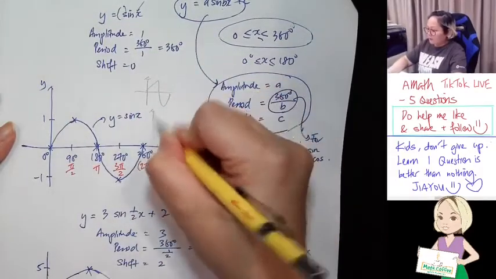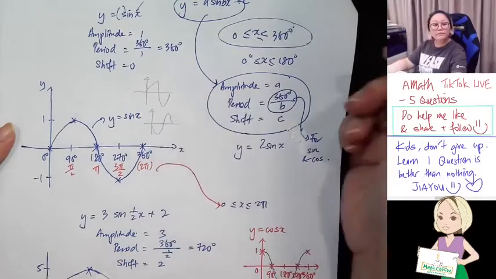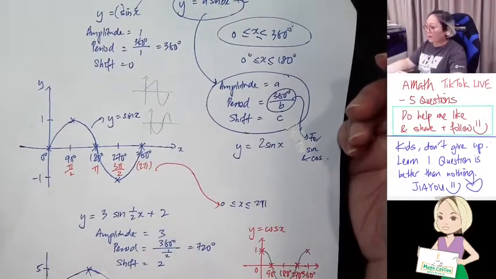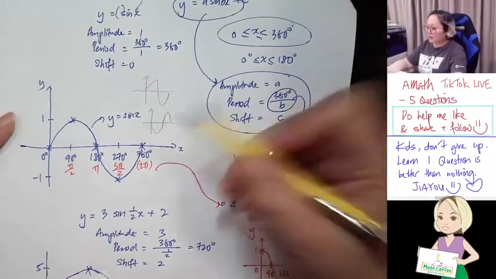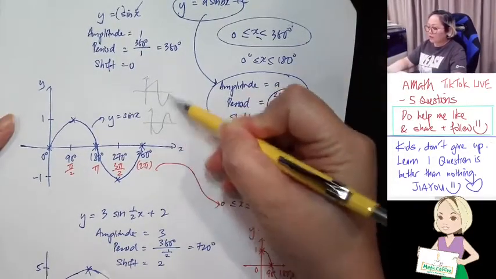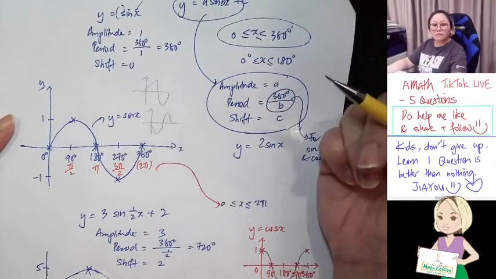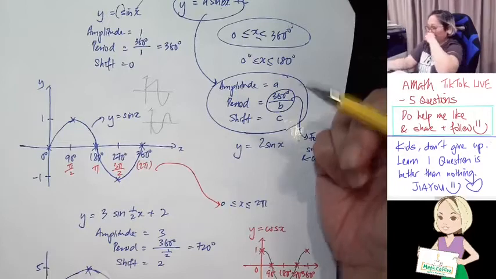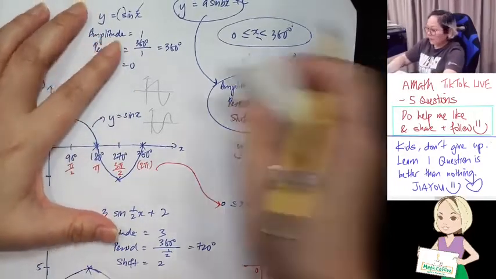It will be flipped, so it will be like that. If it's minus, the amplitude will still remain as 1, because the thickness still remains the same. It's just that you flip. It's not going this way, it's going this way. This is O-level A math.